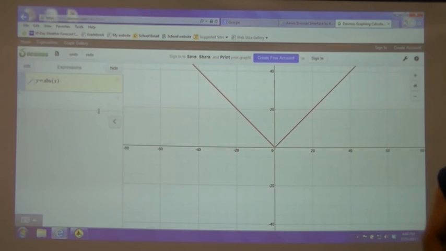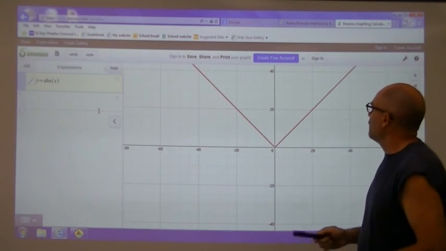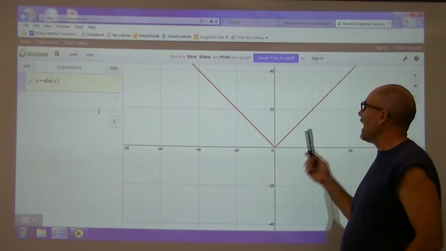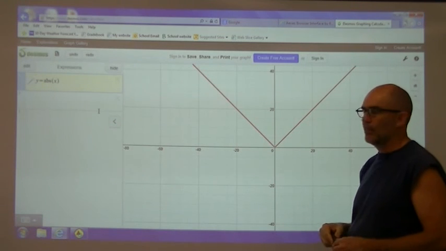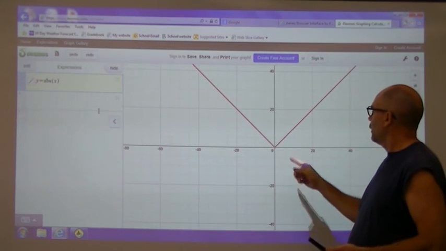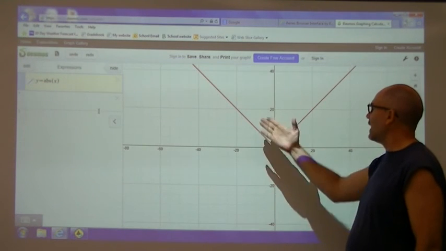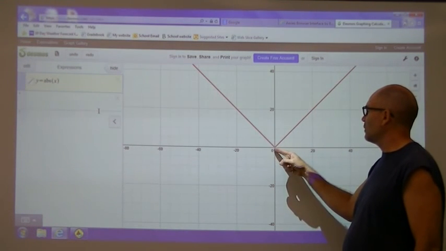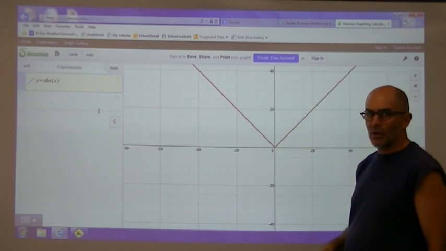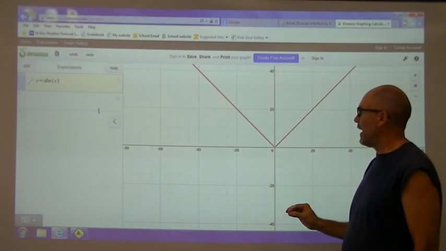Okay, here's our function, and we want to know the absolute min here. Well, notice, just looking at it, you can see the absolute min is 0. Now, how can I prove that?